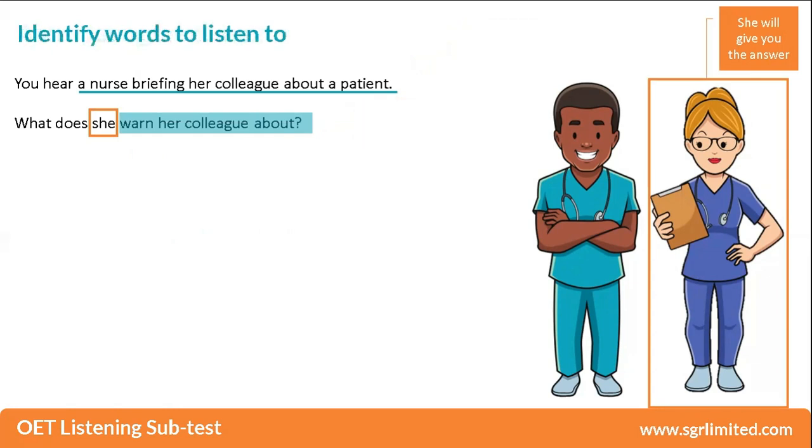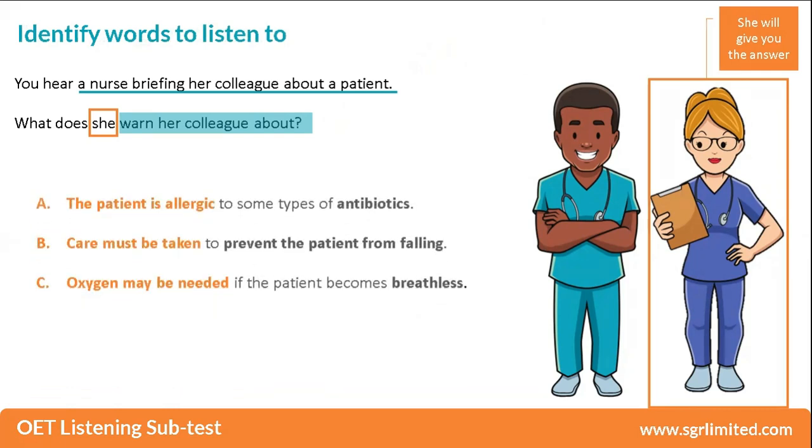Once you have identified the person to listen to or to focus on, it's now time to look at the 3 multiple choice options. It's very important that when we're looking at the answer options, we are able to identify two particular areas. The first area, just like in here, tells you that your situation should be that the patient is allergic.